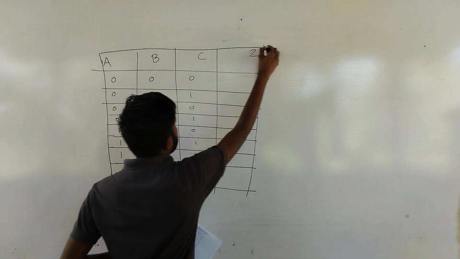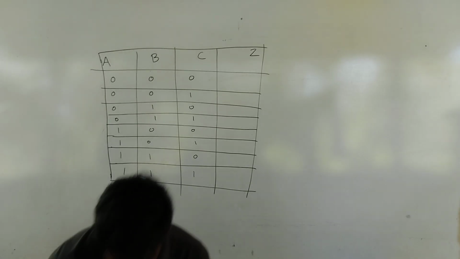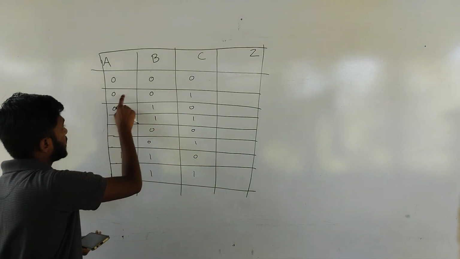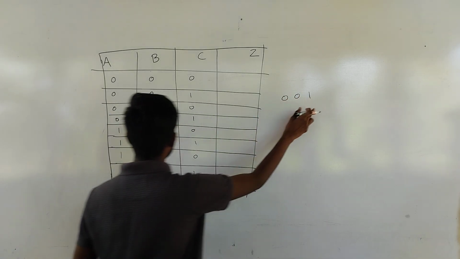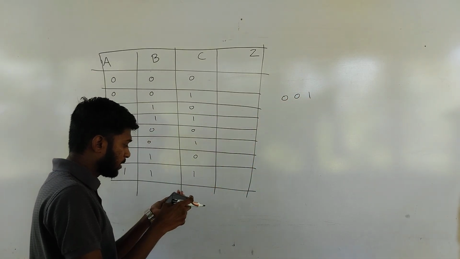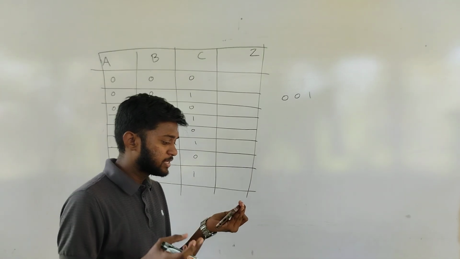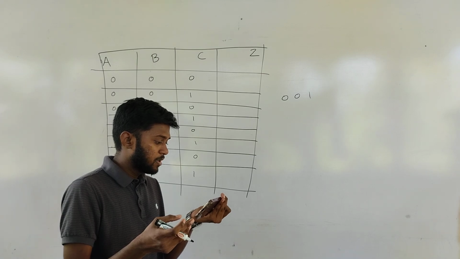According to the question, the inputs are 1, 3, 6. If you convert this binary 0, 0, 1, what are they saying? The value combination of the 3 inputs is either 1, 3 or 6, and the output should be 0 for other cases.